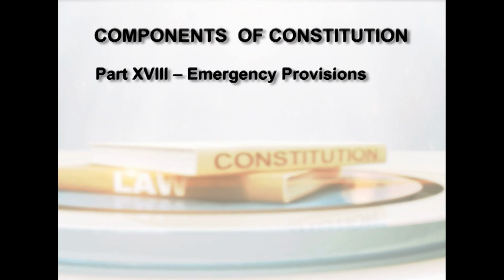Part 18, emergency provisions. Actually, when India started its journey, the framers of Indian Constitution were a bit confused whether to have a unitary model of government or a federal one. At that time, there were conflicting interests, namely Indian National Congress, Muslim League, princely states and several others.